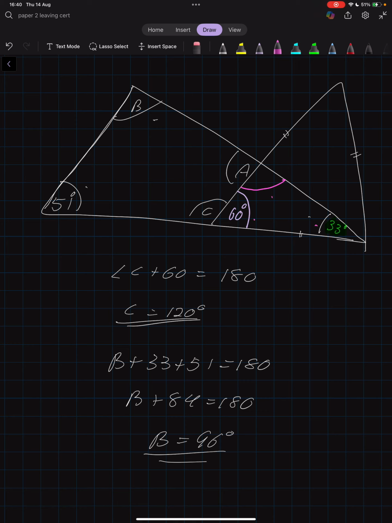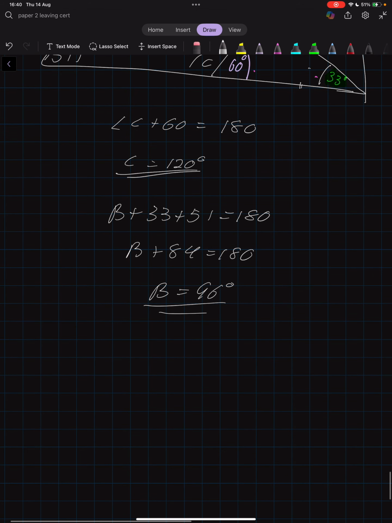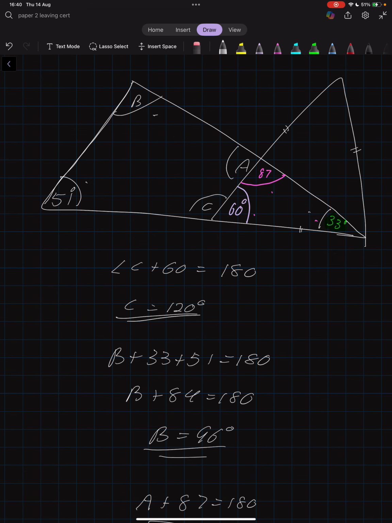So this is going to be 87. So 87 plus 60 plus 33 is equal to 180. Okay? So now I can just go a straight line and say, well, A plus 87 has to be 180. So A has to be 93 degrees. Okay? So that's how you do that one.